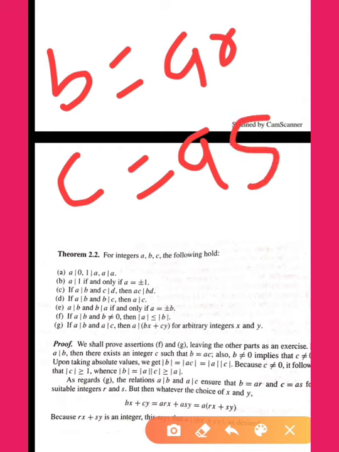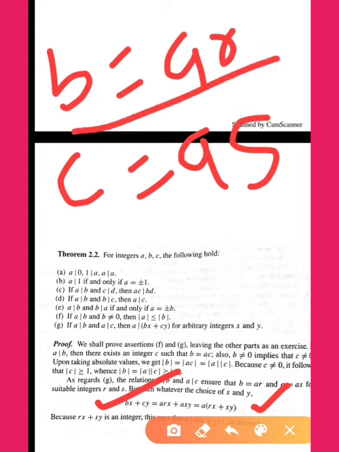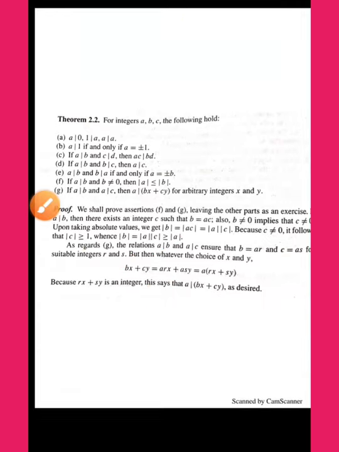Then let us calculate bx plus cy, and you can see that this is a times rx plus sy. As rx plus sy is an integer, it is of the required type, and therefore a is a divisor of bx plus cy, and hence we have proved the theorem.